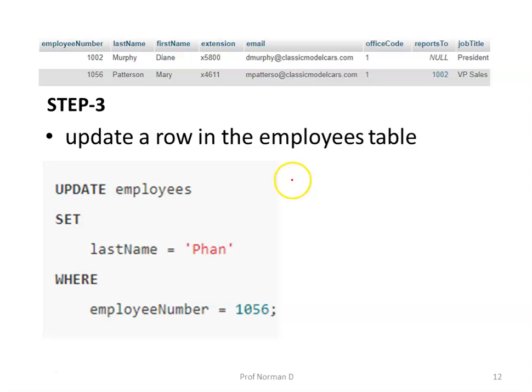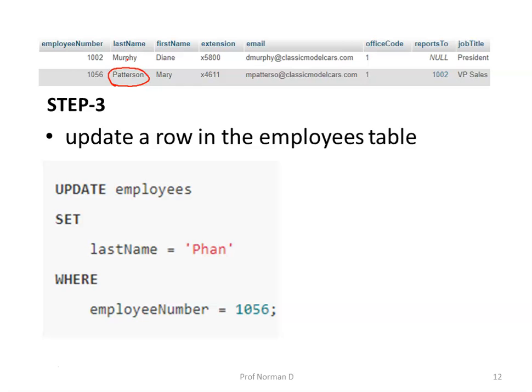Now what I'll do is apply an updation query. I'll update the data in the employees table. I'll try to update the last name of 1056. As of now, the last name of 1056 is Patterson. I'll write a query to update the last name of 1056 to Han.